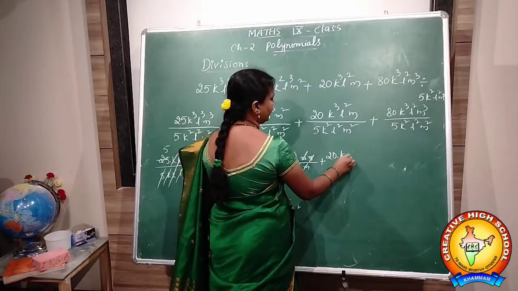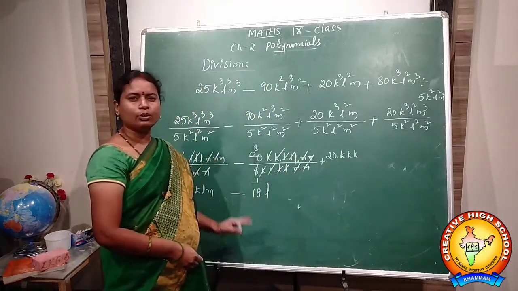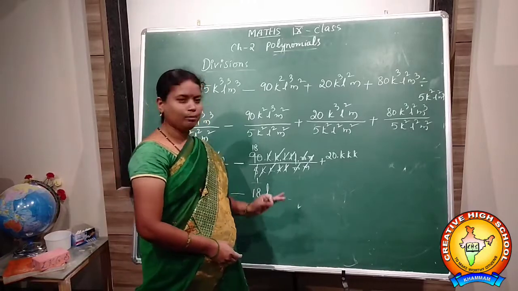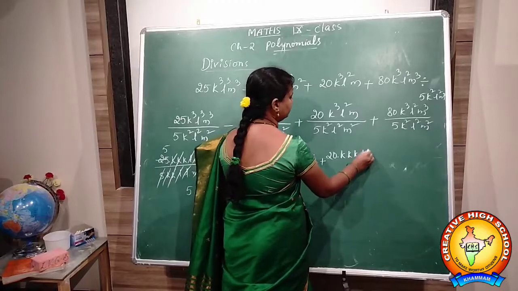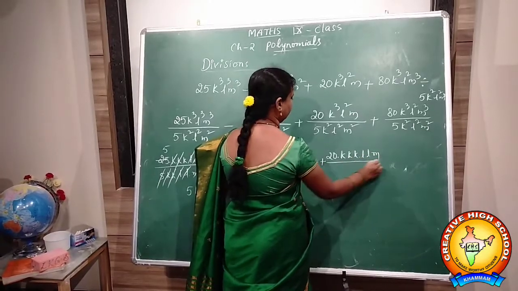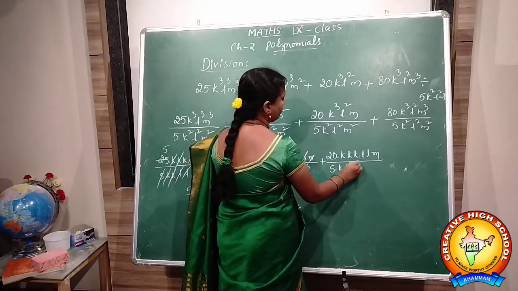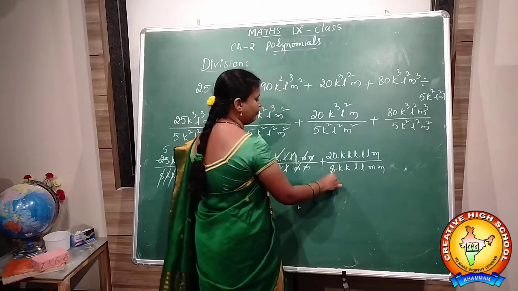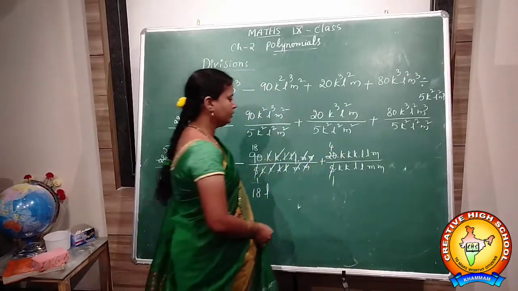Now come to the third one. 20 into k into k into k. K cube we can write as k into k into k. L square means L into L. M means only one M we have to write. 5 into k into k into L into L into M into M. See here, 5 ones are 5, 5 fours are 20.